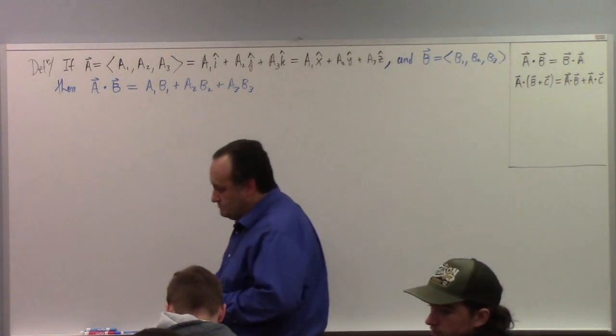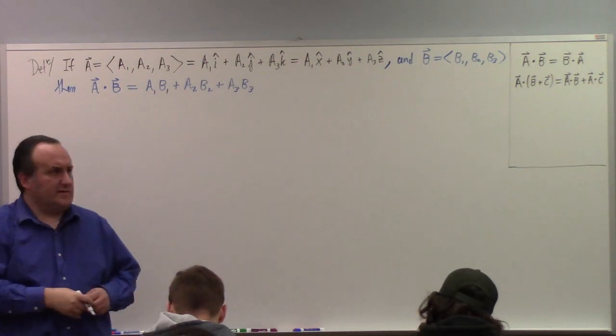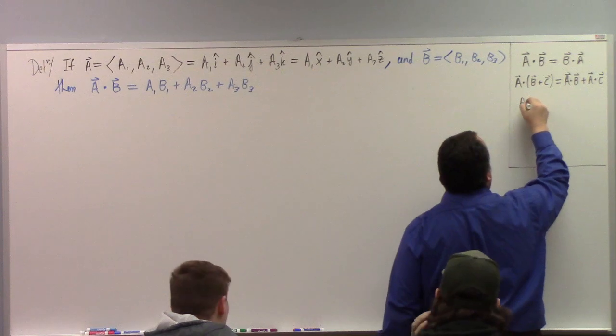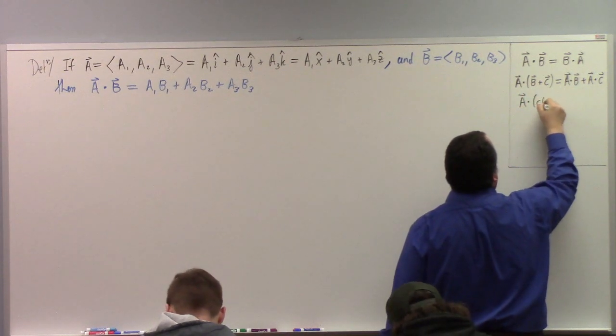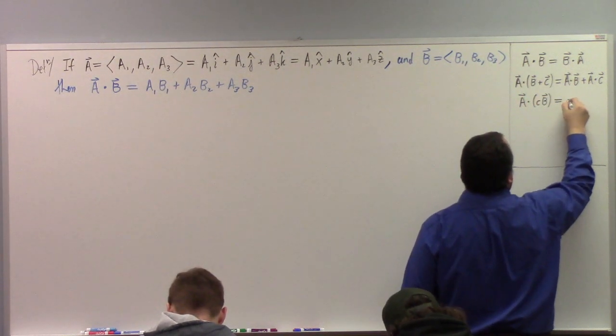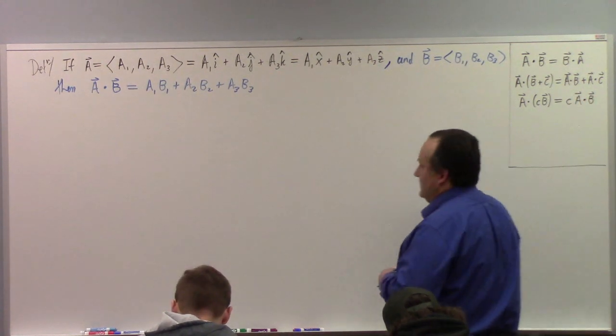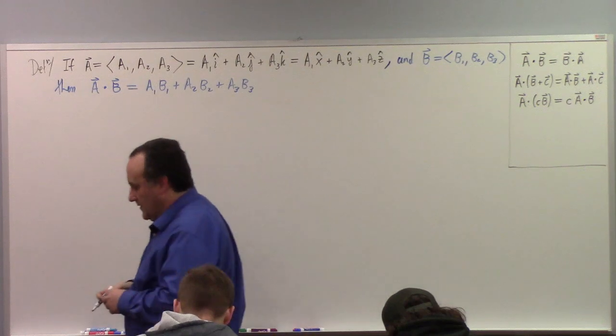That's super nice. What else does it do? If I have A dot product with a constant times B, you get the constant times A dot B. So you can pull constants out of the dot product. Also very nice.